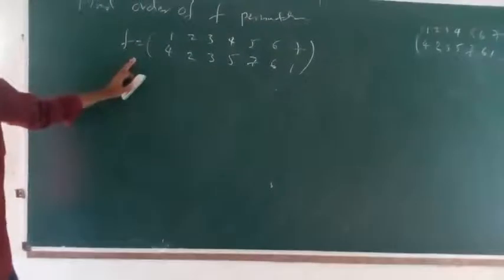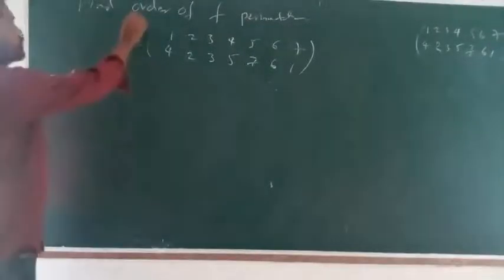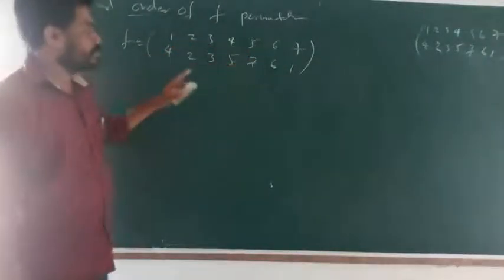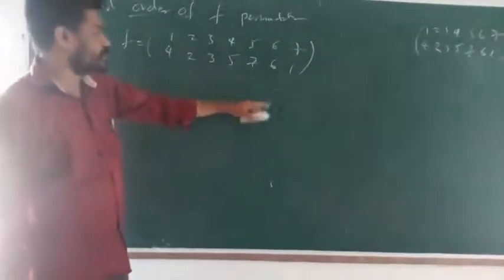This is the given permutation F, and you can find its order. So, first row elements 1 to 7, images 4, 2, 3, 5, 7, 6, 1.